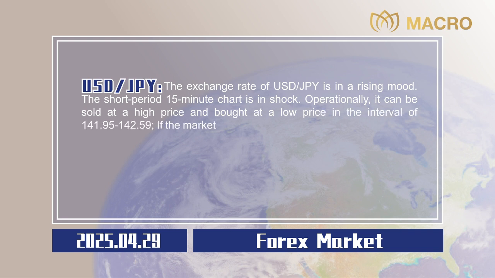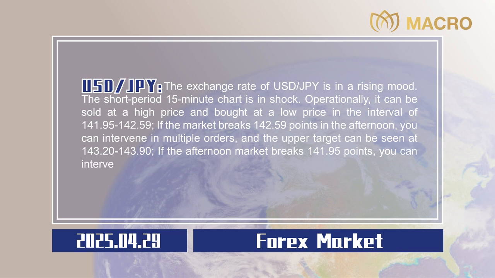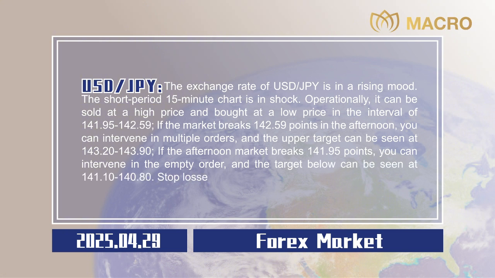If the market breaks 142.59 in the afternoon, you can enter long orders, and the upper target can be seen at 143.20 to 143.90. If the afternoon market breaks 141.95, you can enter short orders, and the lower target can be seen at 141.10 to 140.80. Stop losses are all 20 points, 0.20.